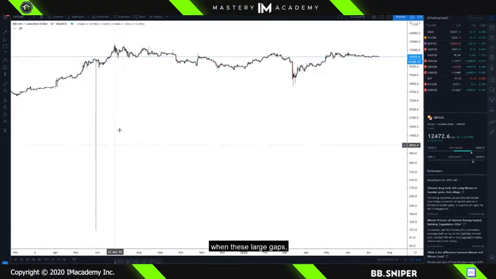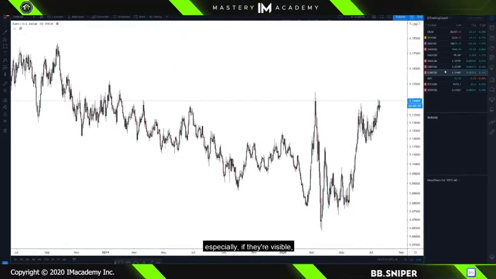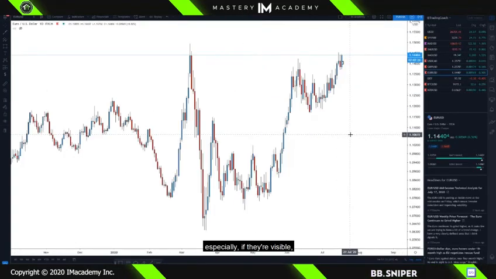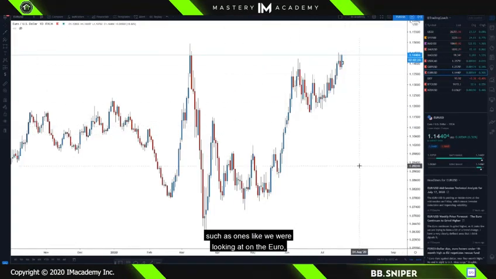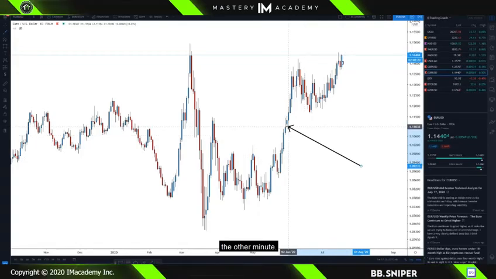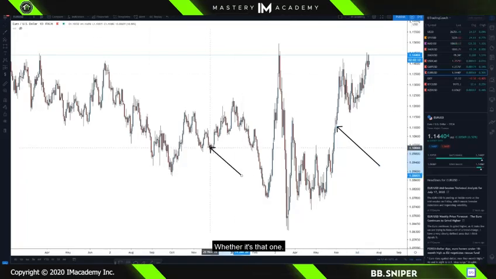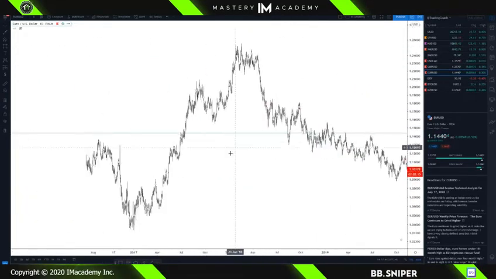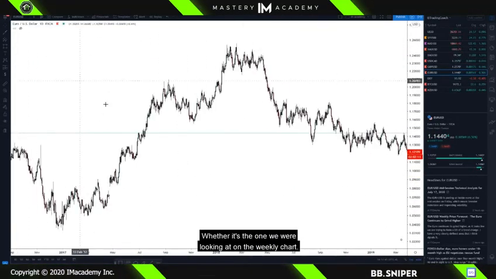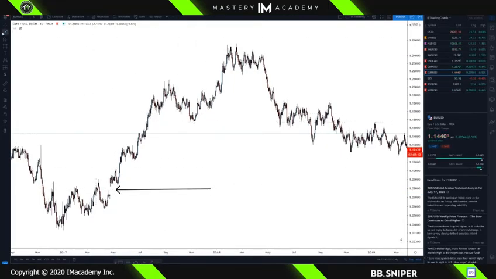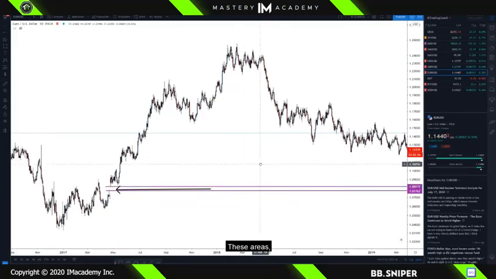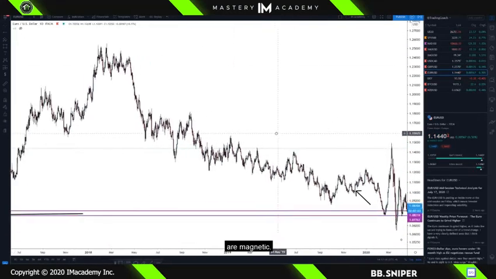However, when these large gaps and imbalances exist in the markets, especially if they're visible, such as ones like we were looking at on the euro the other minute, whether it's this one, whether it's that one, whether it's the one we were looking at on the weekly chart, these areas are magnetic.